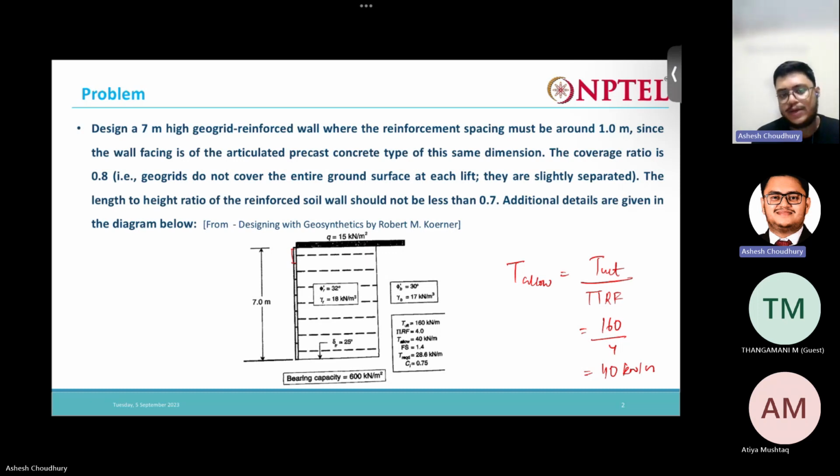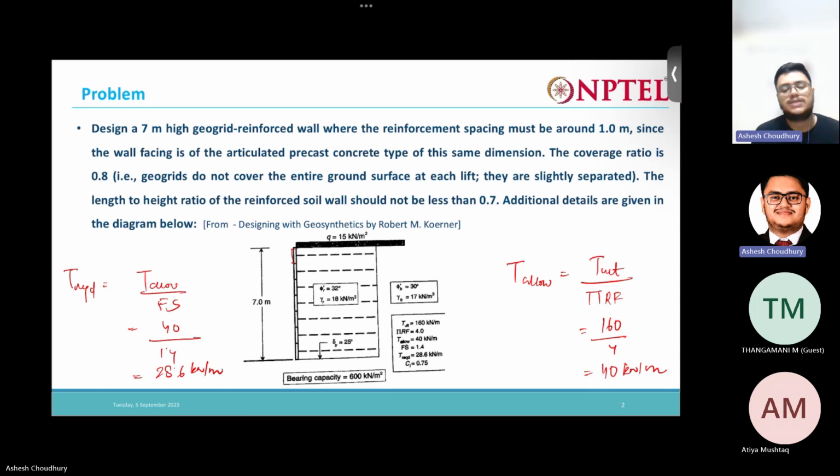Over that, we again use a factor of safety to get the design tensile strength, the required tensile strength.